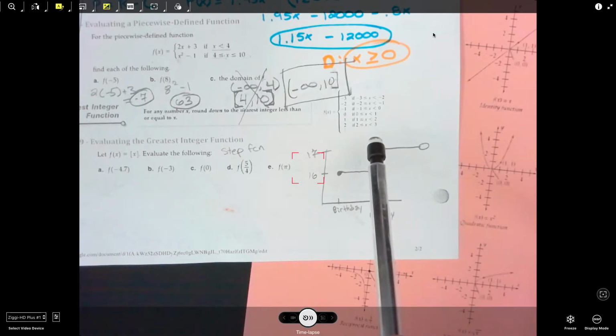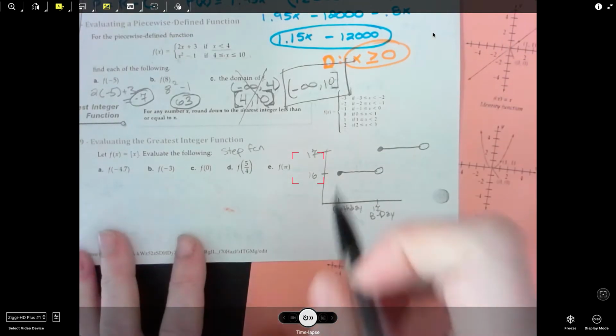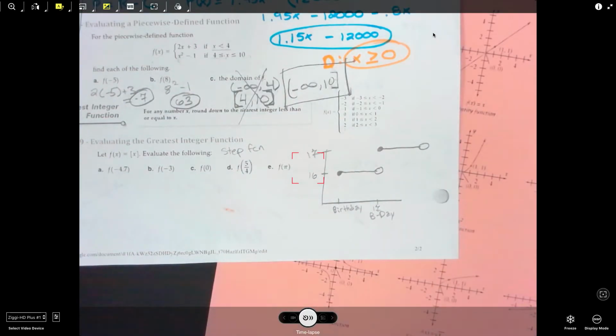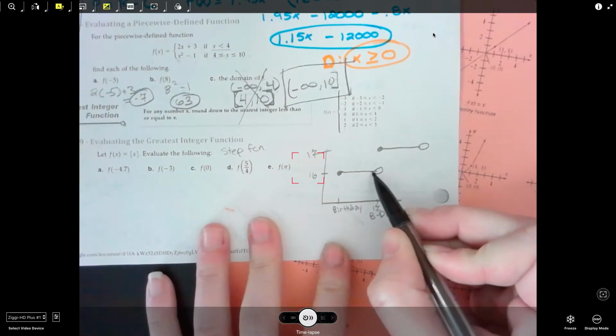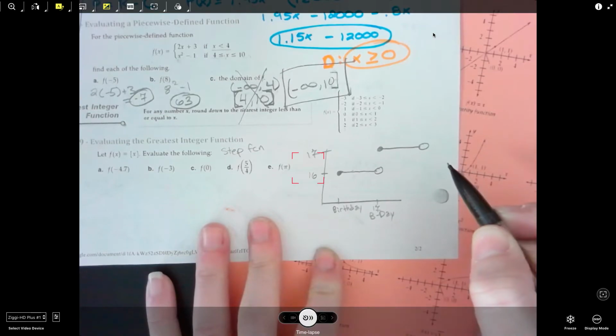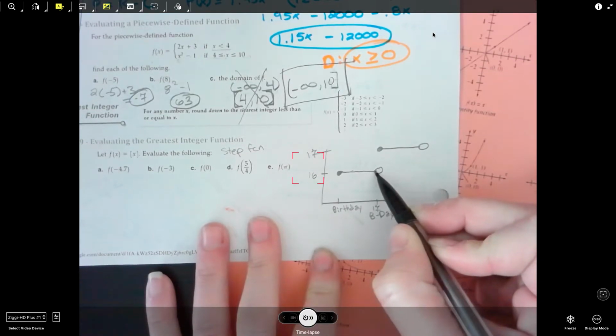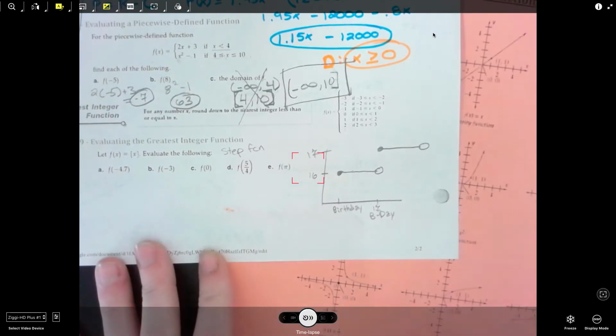So basically what happens is whatever you are, you always round down. If your 17th birthday is tomorrow, you're still going to say that you're 16. You might tell people my birthday's tomorrow, but you are still 16 years old until your 17th birthday. You are always rounding down, no matter how far over here you get, you are always rounding down to your 16th birthday.